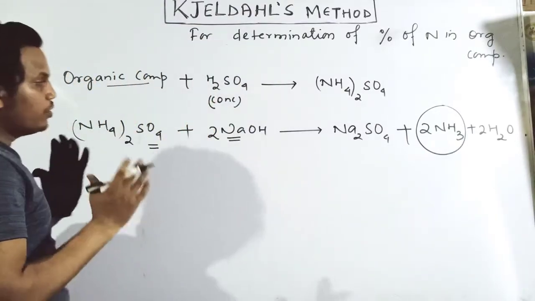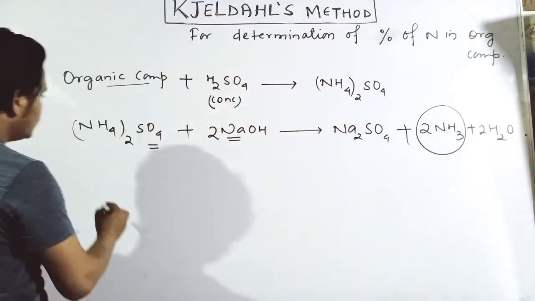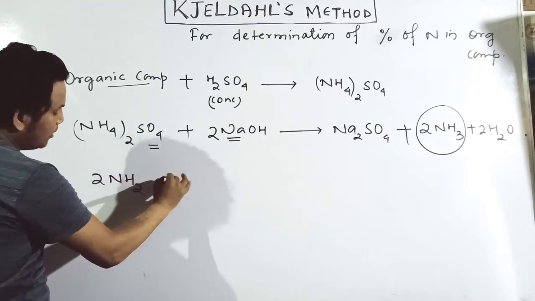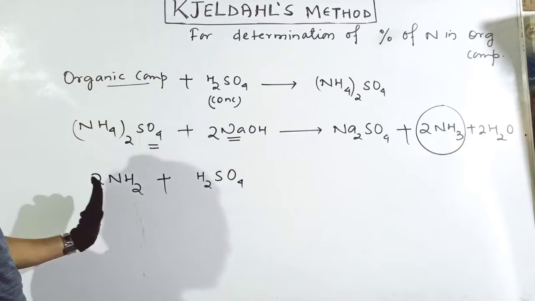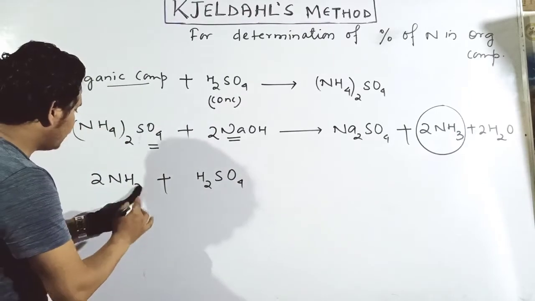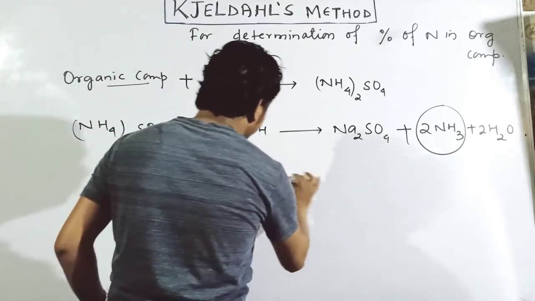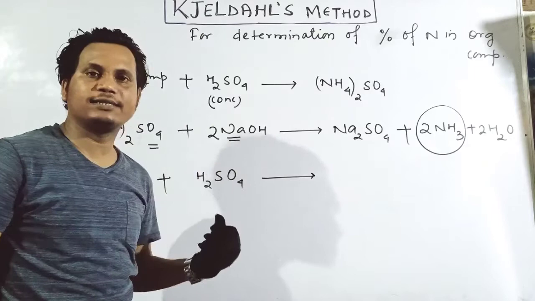So for determination of the amount of ammonia produced, we react the ammonia with sulfuric acid. Ammonia is a base, sulfuric acid is an acid.